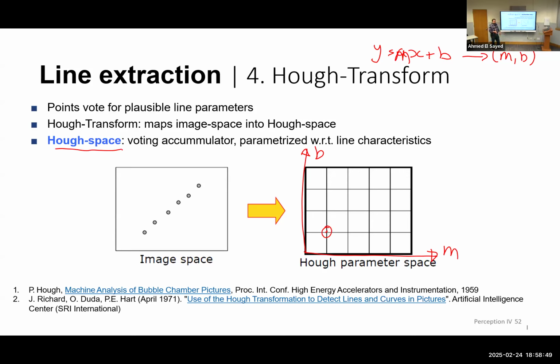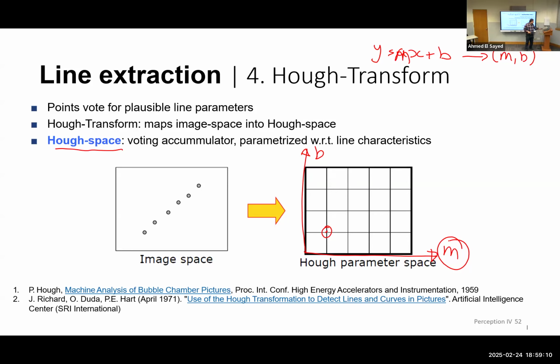So the Hough space is another geometrical space that has two dimensions, which are the slope and the y-intercept. And any line can be described by one point only in this space.